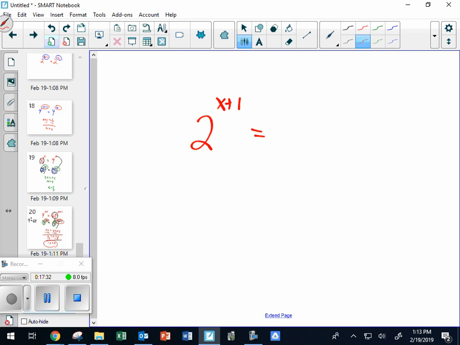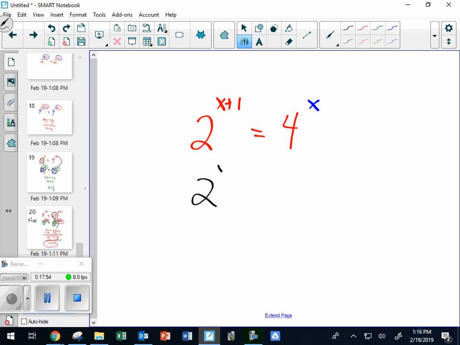Without help, other than checking with the kid next to you. Solve that for x. Hint, make the bases on each side the same. Pause, and then check with the kid next to you. Excellent, you're doing it right.